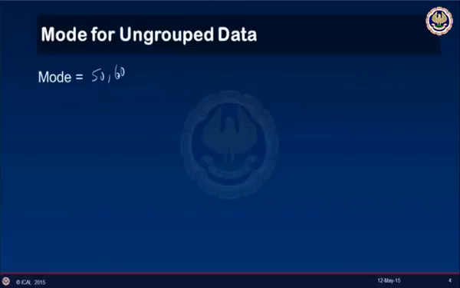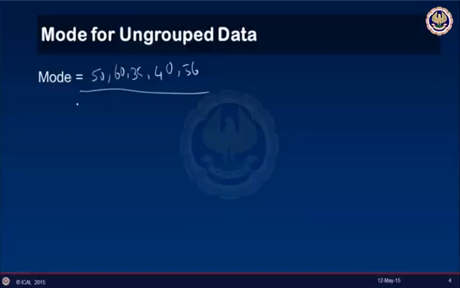The data is 50, 60, 35, 40, 56. In this example, no value is repeated, so there is no modal class here.